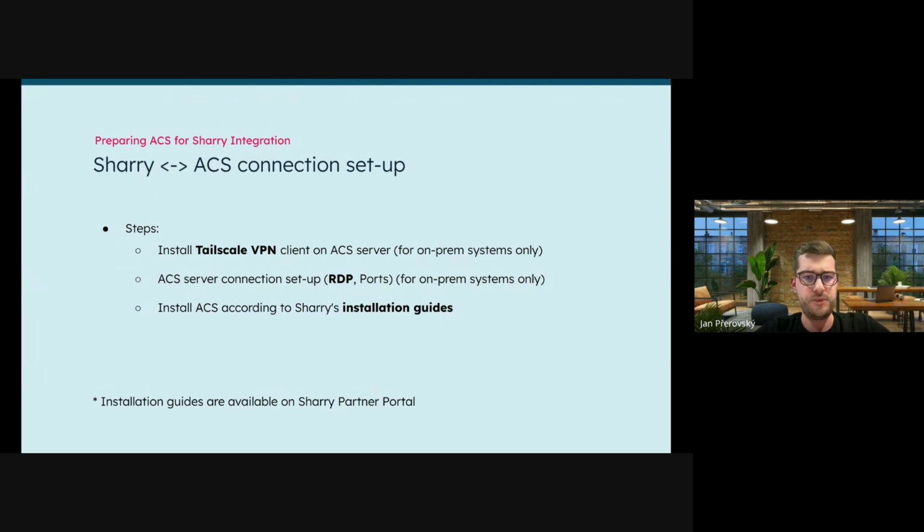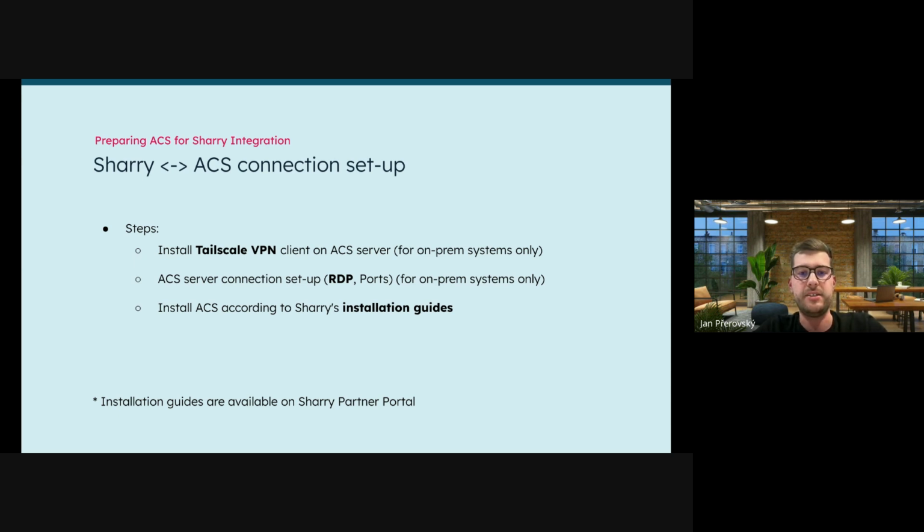To establish this connection, we are actually using a VPN, which is called Tailscale. It's a great solution built on a WireGuard VPN, and we have been using this VPN service for, again, I think over 5 years, and we are really happy with the solution. It allows us to have really granular access control over who can connect to which ACS server.